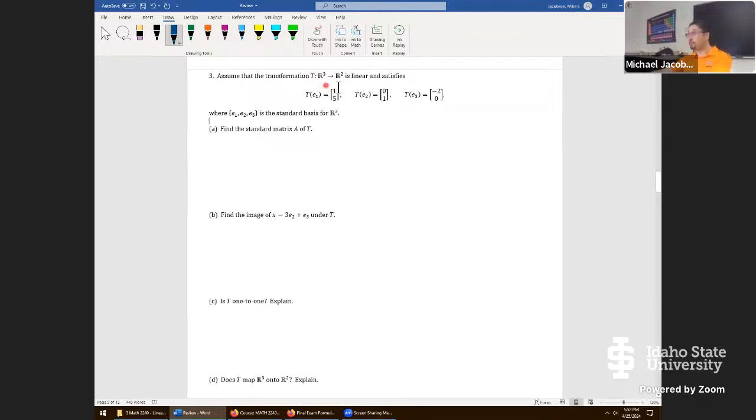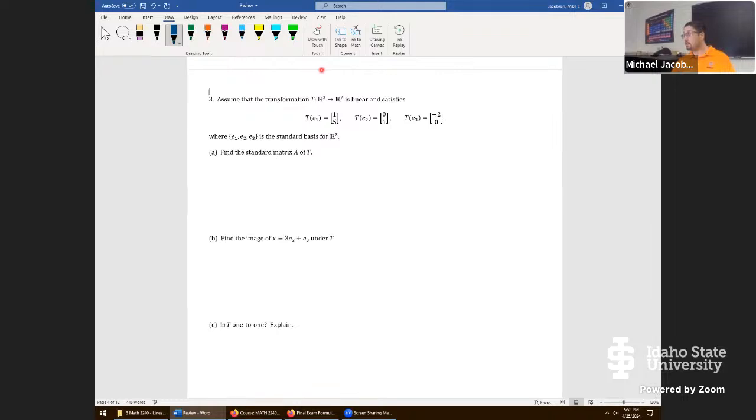T has a domain of R3, a codomain of R2, and those could be questions all on their own. So keep in mind that's the domain. R2 is the codomain.